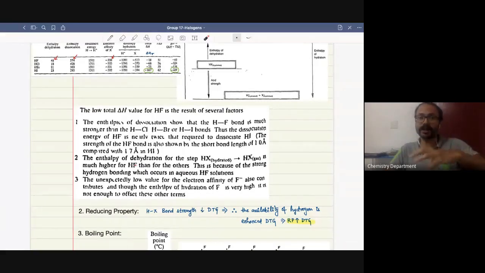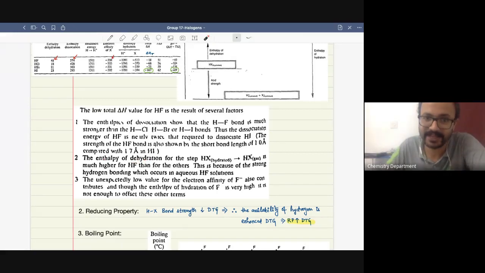For that, you need to supply a higher, endothermic energy in order to escape the HF from the highly associative hydrogen bonds that it forms with the aqueous solution. And that is why the HF molecule in its aqueous state has a high enthalpy of dehydration.